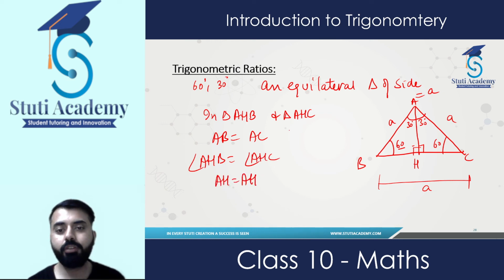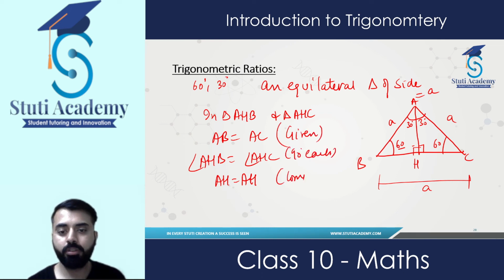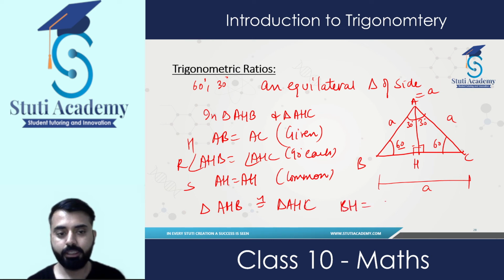That means this is given, this is 90 each, and this is common. Now guys, see, right angle hypotenuse side triangles are congruent. That means triangle AHB is congruent to triangle AHC. So can I say BH is equal to CH?